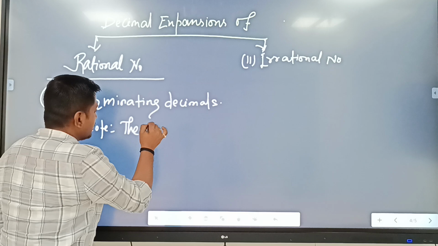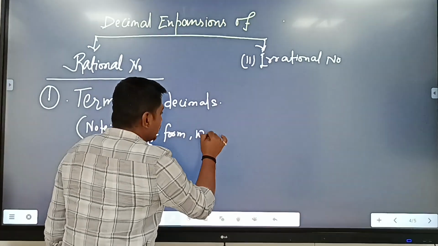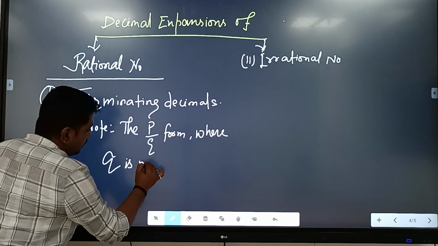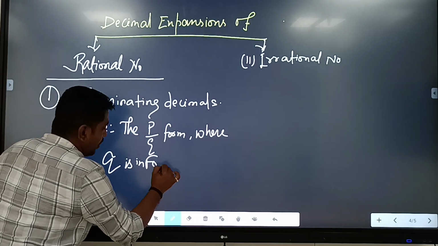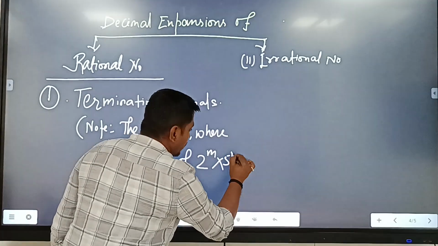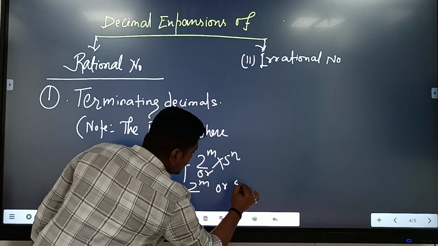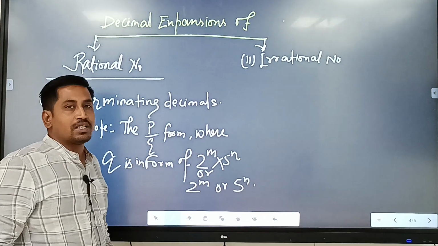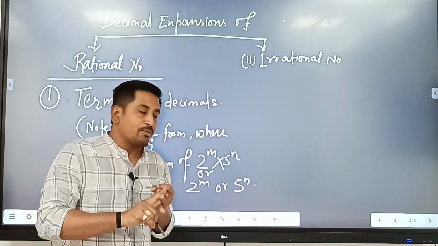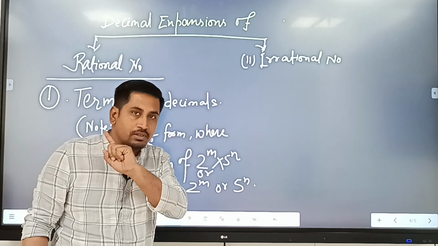The fractions, the p by q form, where q is in the form of 2 raised to power m into 5 raised to power n, or 2 raised to power m or 5 raised to power n. It means the denominator has its prime factor as 2 and 5, or 2 or 5 only. If there is any other number included with this, it will be non-terminating.